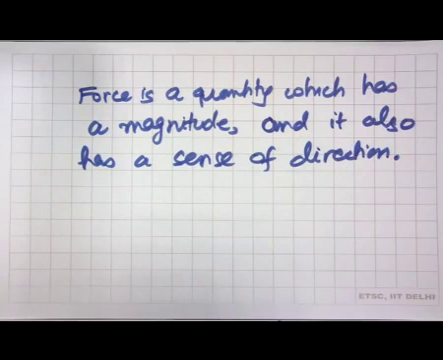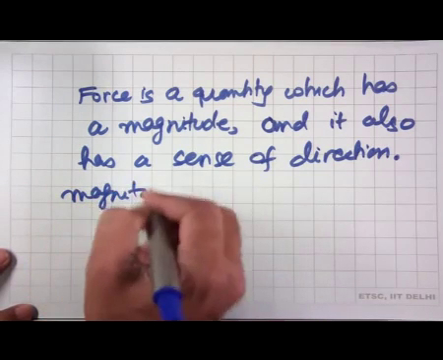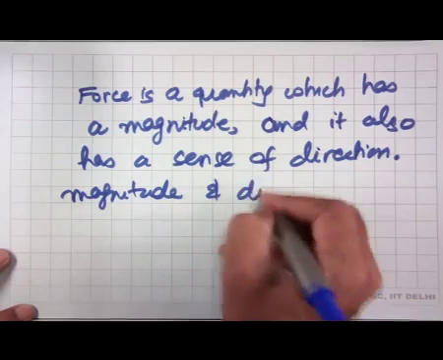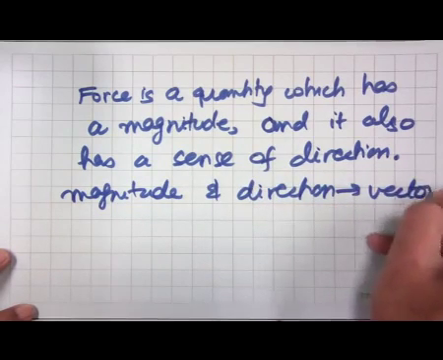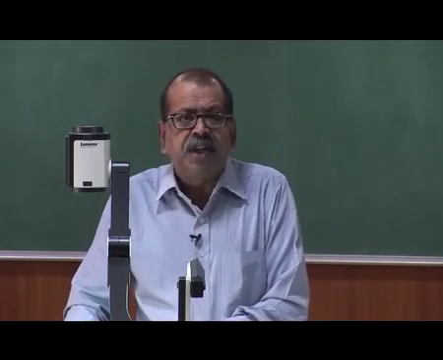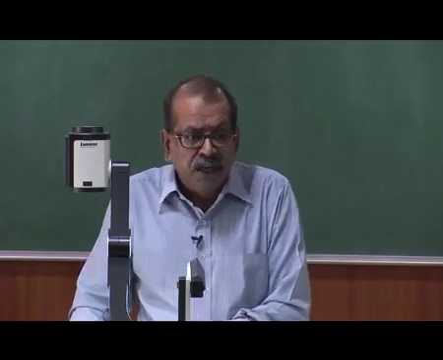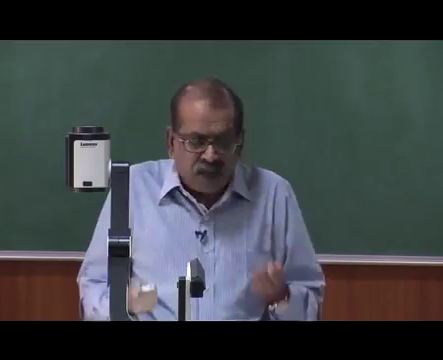As we have seen, quantities which have a magnitude as well as a direction are referred to as vectors. Also, as we described earlier, every quantity which has a magnitude and direction need not be a vector, but vectors have some other properties.